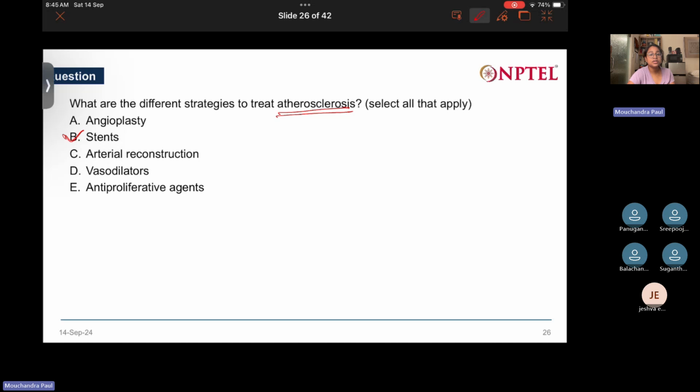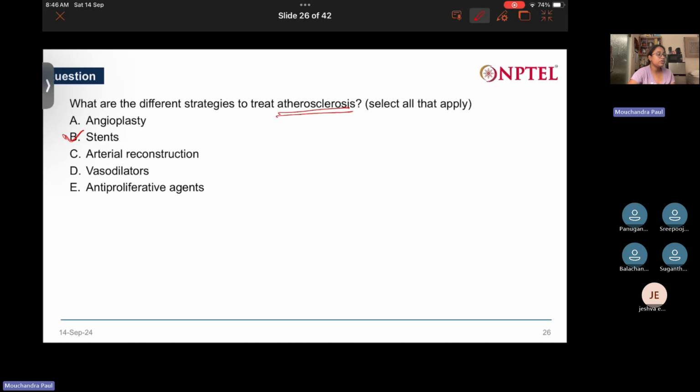These drugs may be used to target the cholesterol molecules and the other content of the plaque, so that over a period of time the plaque gets dissolved and removed with the flow of the blood. So this is an advanced version of the stent, the drug-eluting stent.